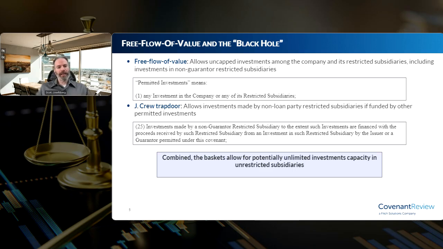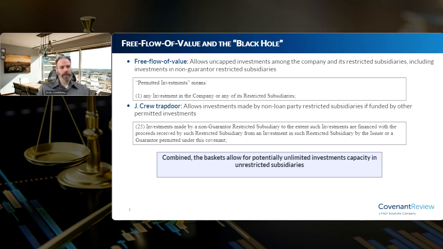And the idea being that permitted investments, almost always permitted investments clause number 1, allows for this free flow of value. And what we mean by that is unlimited investments within the restricted group. And that includes non-guarantor restricted subsidiaries.